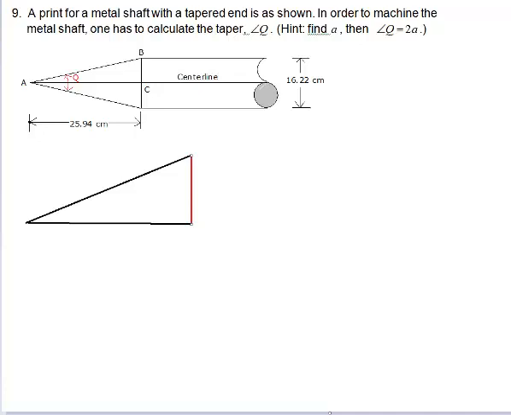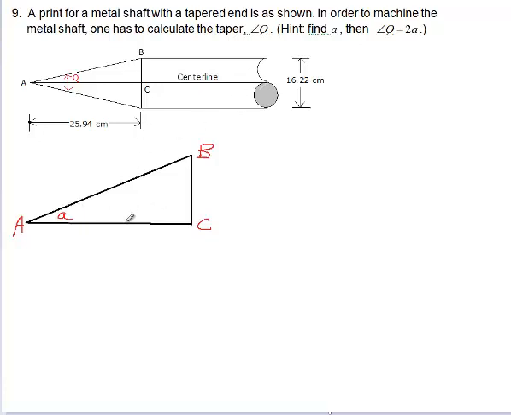Let me put that back to black. Now, let's label that: this is A, B, C. We're looking for this little angle, and in the hint they tell you to call it angle A. So let's find that little angle A, and then we'll double it to give us angle Q.